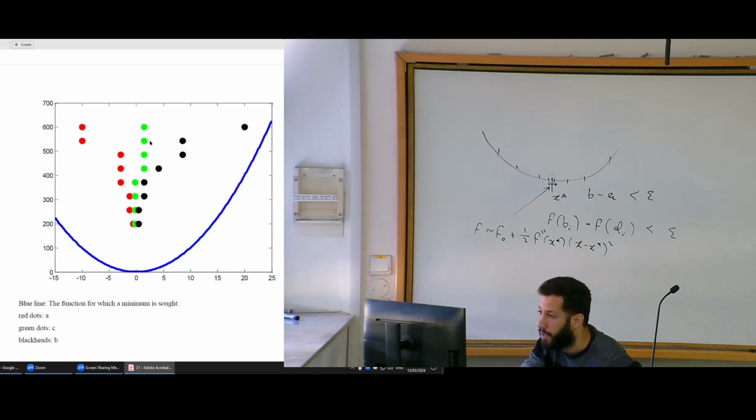It lays here. And it seems that this point again is less than this. So the new section now is from here to here. And this is my point, and this is another point. And again, this point is smaller than this. So I choose my new iteration to be from here to here.